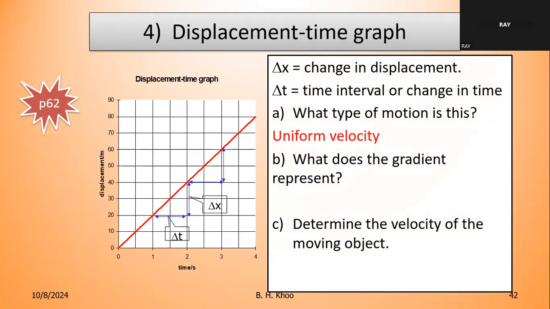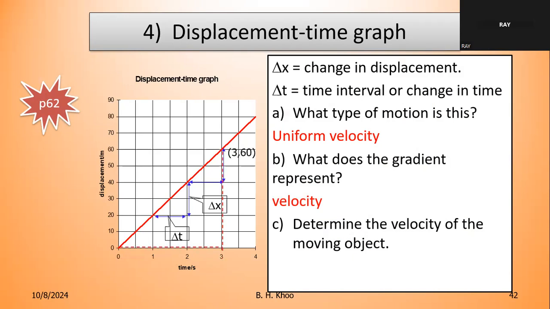Linear motion, but more specific, uniform velocity, because it's a straight line passing through the origin. What does the gradient represent? Velocity, good. Determine the velocity of the moving object. 20.